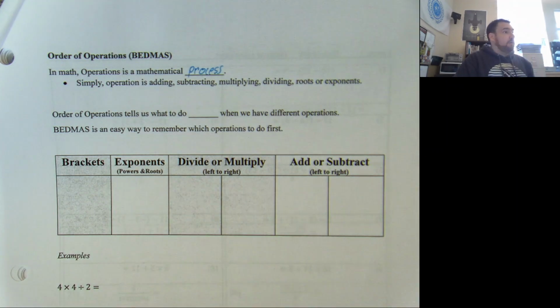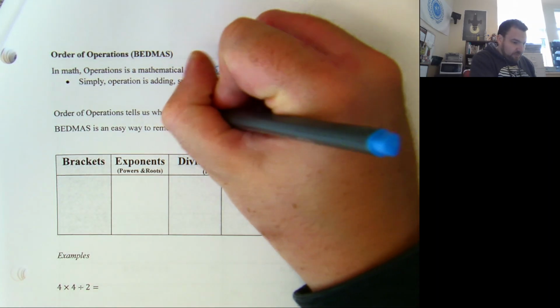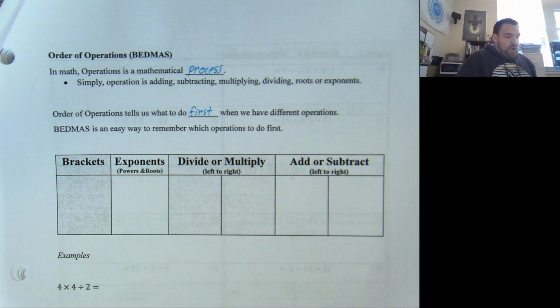There are more than just these things, but for those of you who are interested in taking more math, you'll learn more about all of those. And so there is a proper order for these. Order of operations tells us what to do first when we've got a bunch of different operations.